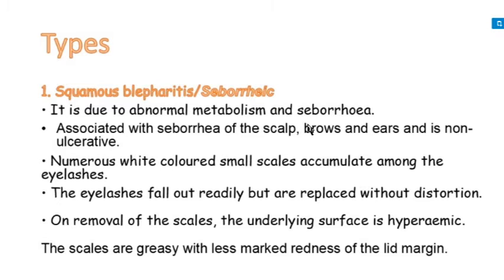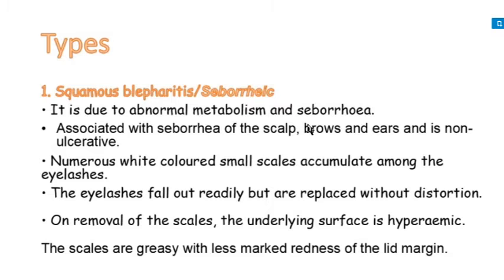So there are numerous white colored small scales that accumulate among the eyelashes. So the eyelashes fall out readily but are replaced without distortion. On removal of the scales, the underlying surface is a bit hyperemic. The scales are greasy with less marked redness of the lid margin. Okay, so you need to know the types.